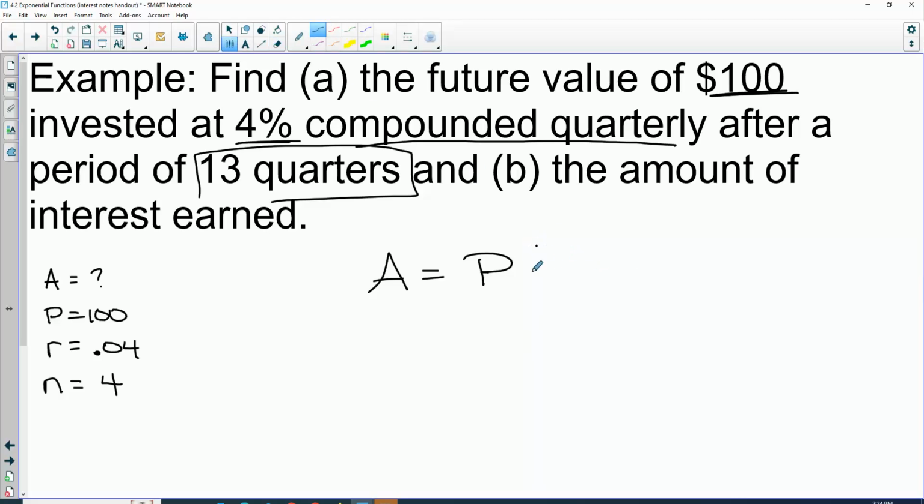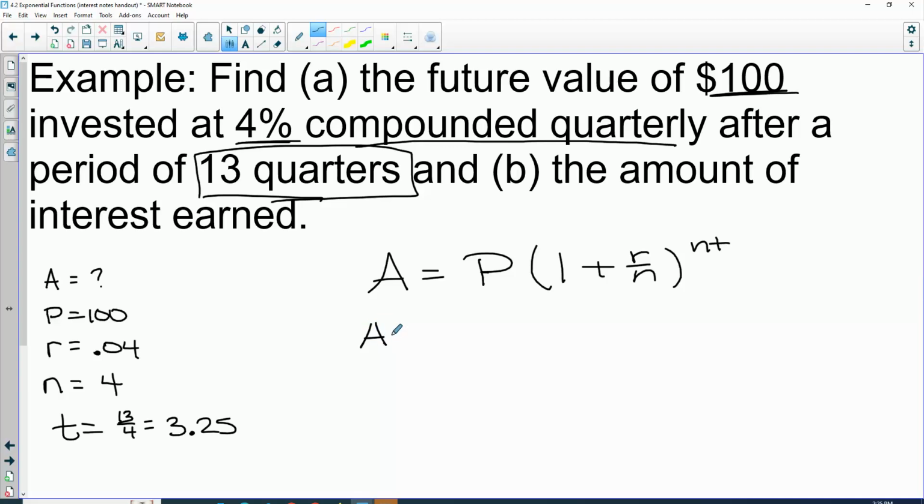So we're using this first formula. The only variable we have left is T, but I told you T has to be measured in what? Years. How would I change 13 quarters into years? Divide by 4. And what's that give me? 3.25 years.